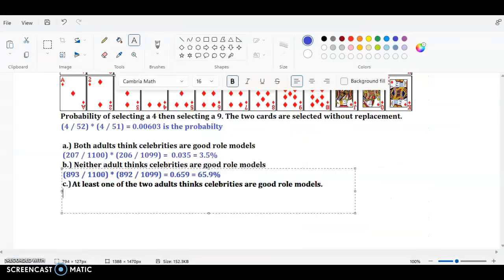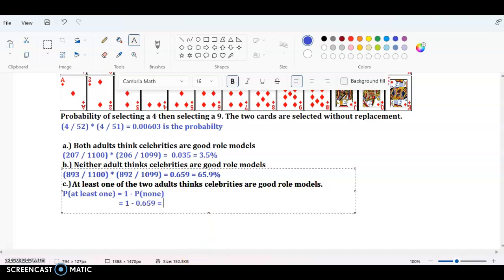So if we go back and look at our previous answers, we see that in part B, we've already calculated the probability that none of the adults believe that celebrities are good role models. Using the formula at the bottom of page 150, the probability of at least one is equal to 1 minus the probability of none. We already know the probability of none, we calculated that in part B. So the answer would be 1 minus 0.659.